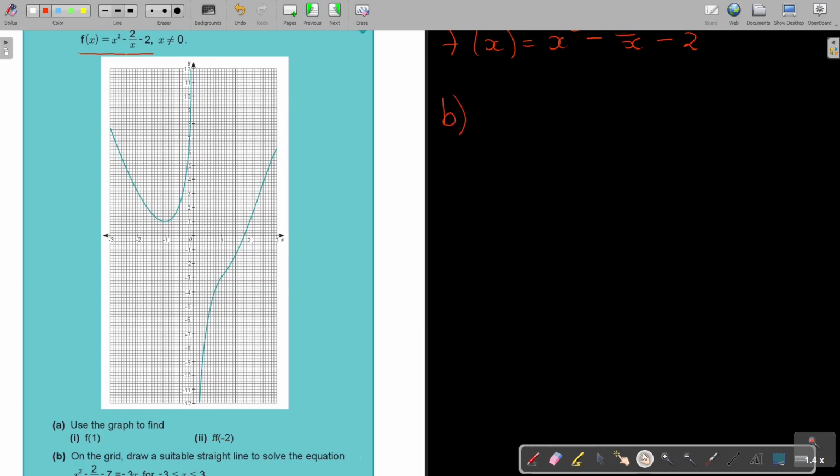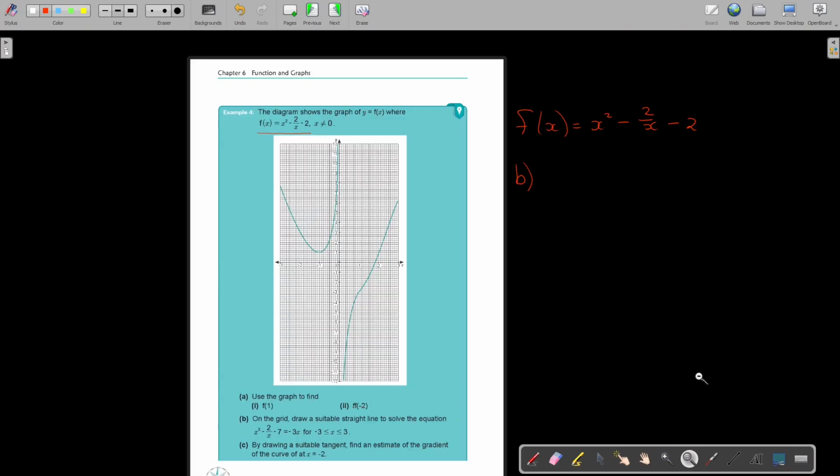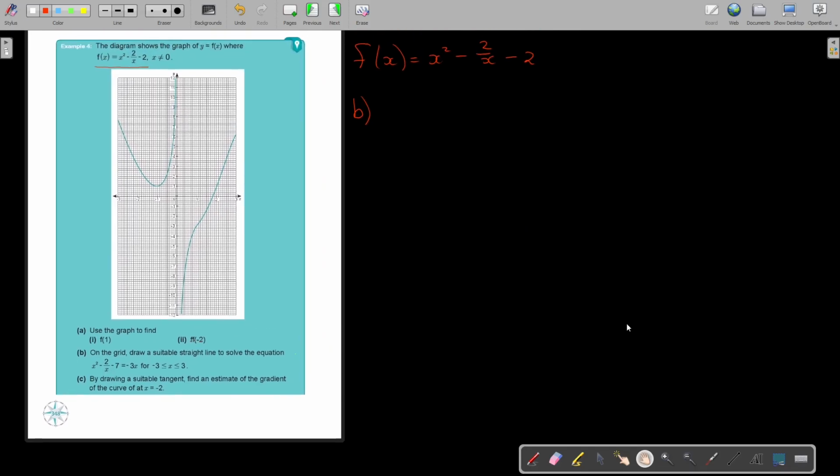If I look at that equation, I'm just going to make it a bit smaller so that I can see all. It's going to be x squared minus 2 over x minus 7 equals -3x.